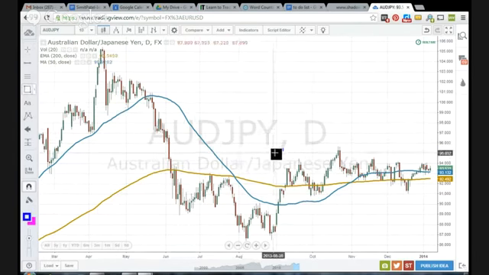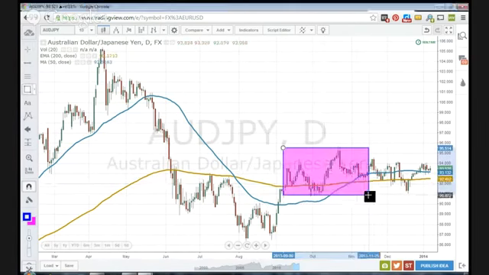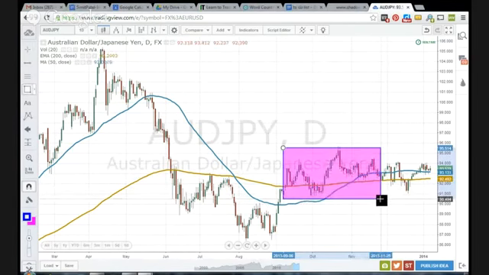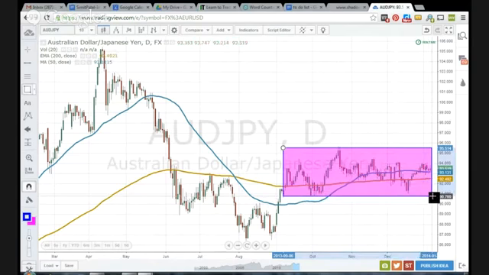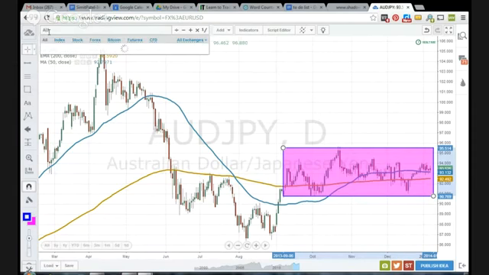Let me try that again. Well, basically, once it breaks out of this range that you're seeing on the screen in this purple box, then there may be an opportunity that I'm interested in. Until then, I've gotten burned a little bit. It's choppy. It's clearly not a range. So I'll hold off on Aussie yen.